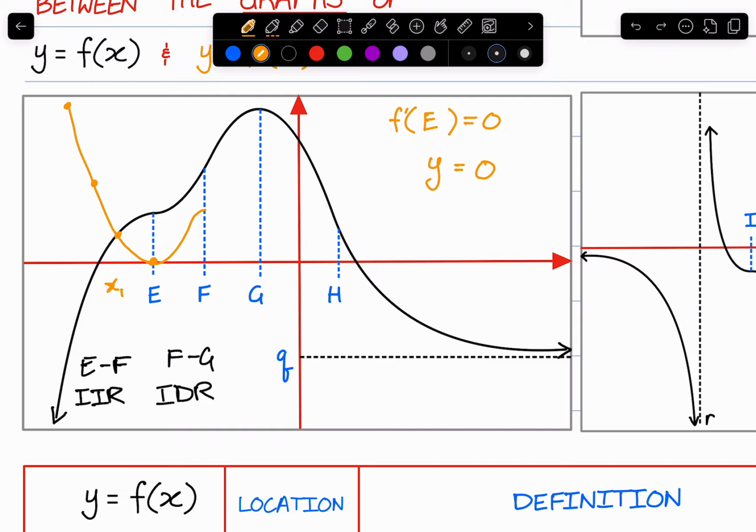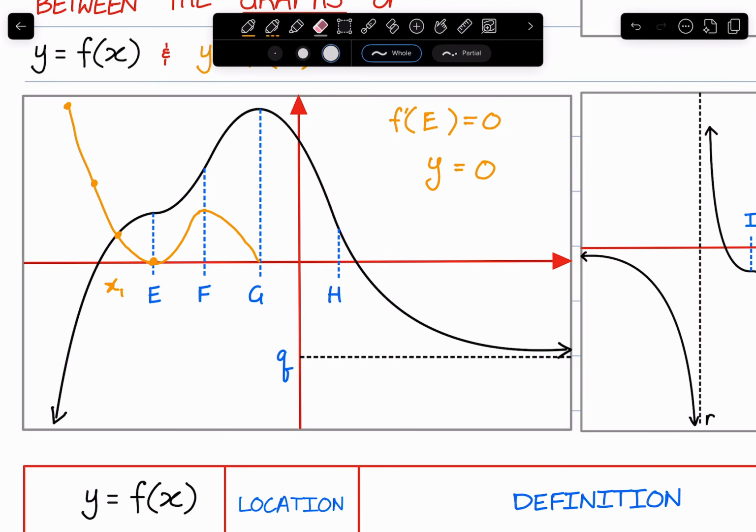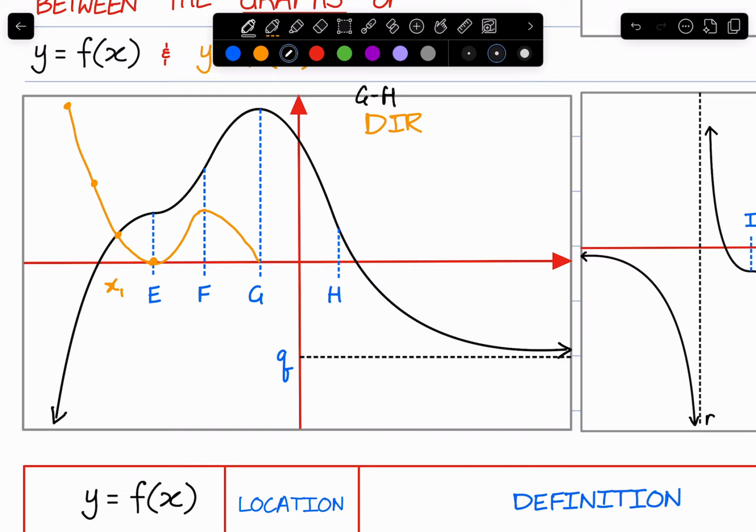It's going to become something like this. And then from G to H, this segment is going to be decreasing at an increasing rate. So it's going to get steeper and steeper. But then from H to infinity, it is decreasing at a decreasing rate.